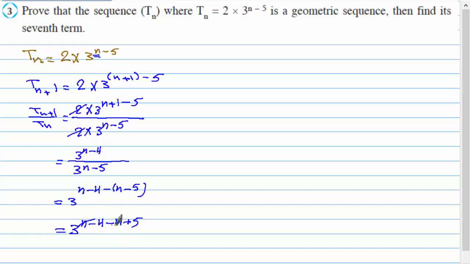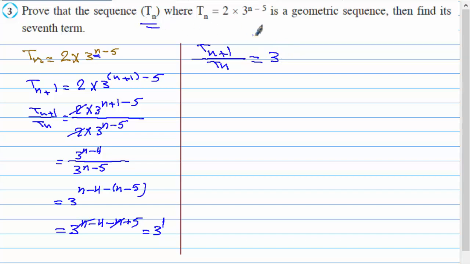Now we have n minus n equals 0, negative 4 plus 5 equals 1, so it equals 3 power 1, which equals 3. We have Tn plus 1 over Tn equal to a constant number, 3. So the sequence Tn is a geometric sequence, and its common ratio R equals 3.